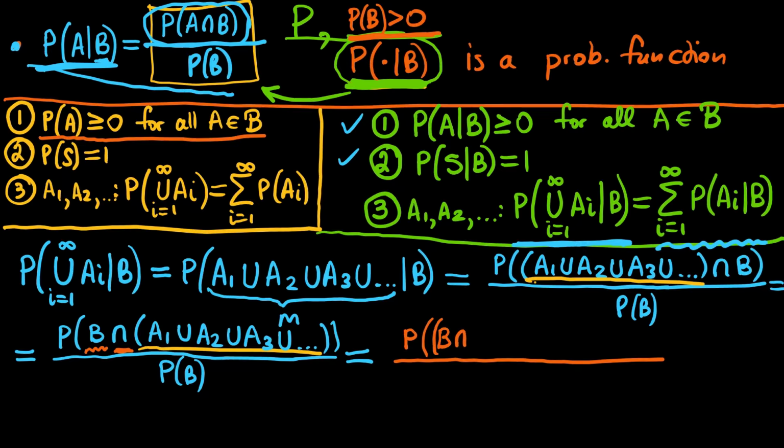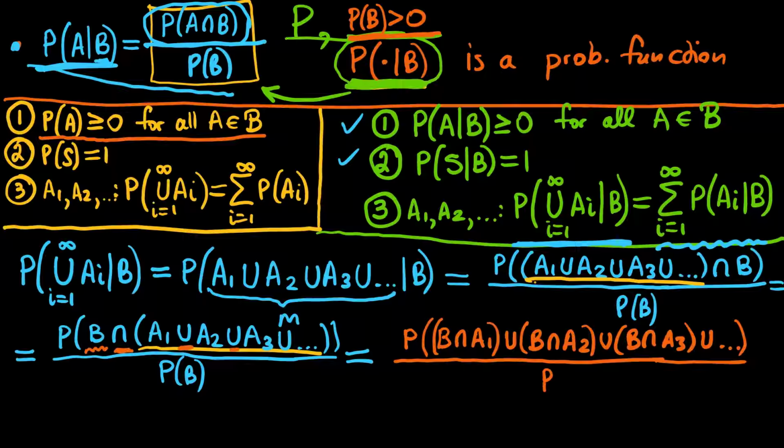So we'll have B intersection A1, B intersection A2, B intersection A3, and now these will be held together by the operator operating inside the parentheses, and that's union. So this is what we get in the numerator, and in the denominator we still have the probability of B.